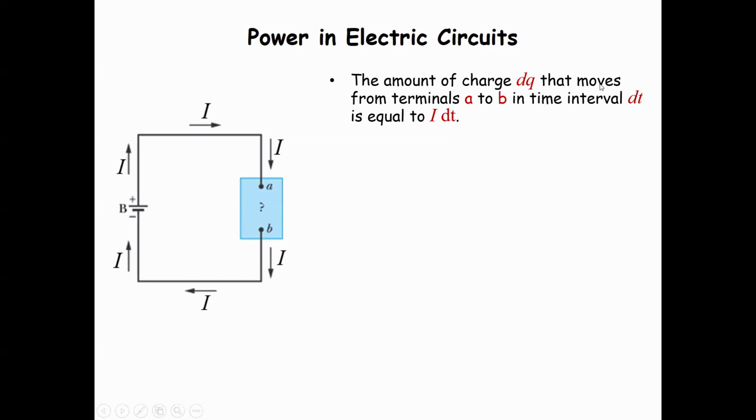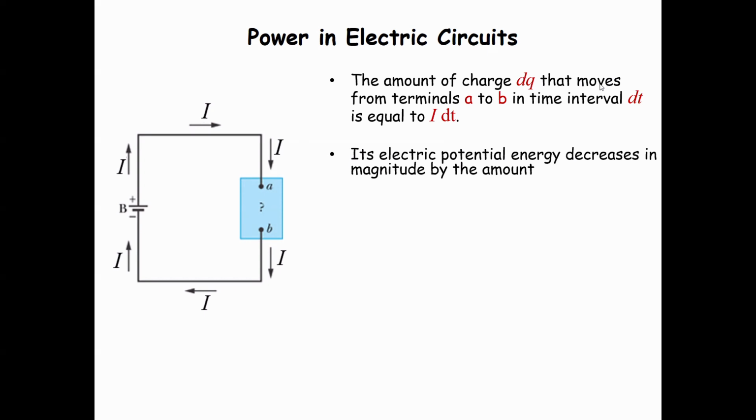And so, you can think of it, we have a voltage, we have a charge that's moved from one place to another, so we're doing work. The electric potential energy decreased by the amount of change of potential is equal to the amount of charge that passes through this device times the voltage across that device.